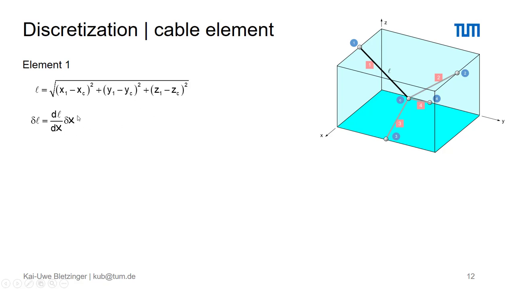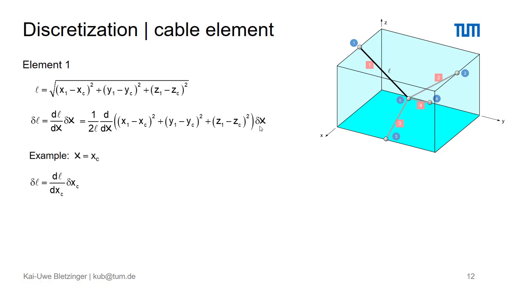So it stands for xc, yc, or zc, depending on what variation we would like to look at, post-multiplied by the variation of the respective coordinate. That means we have to take the derivative of this root expression, which is 1 over 2 times the length, post-multiplied by the derivative of the radicand inside this square root, post-multiplied by the variation of this coordinate.